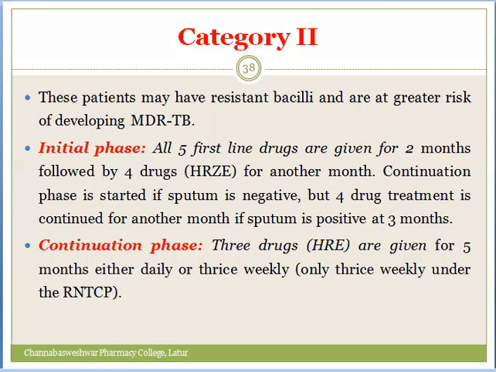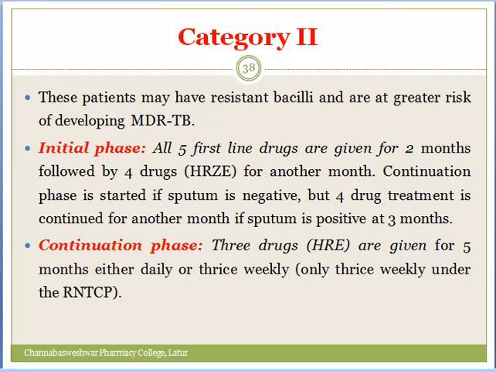In the initial phase, all 5 first-line drugs are given for the first 2 months, followed by 4 drugs, that is isoniazid, rifampicin, pyrazinamide, and ethambutol, for another month. The continuation phase is started if sputum is negative, but the 4 drug treatment is continued for another month if sputum is positive at 3 months.